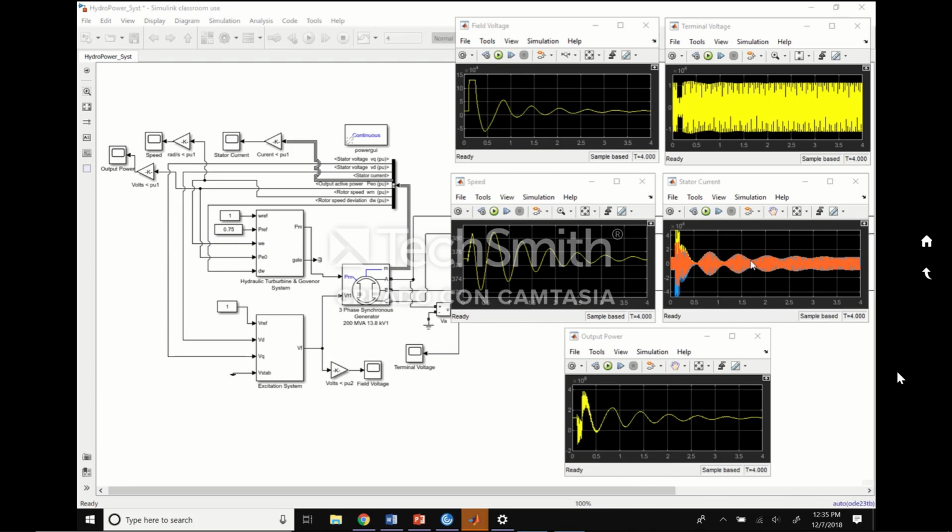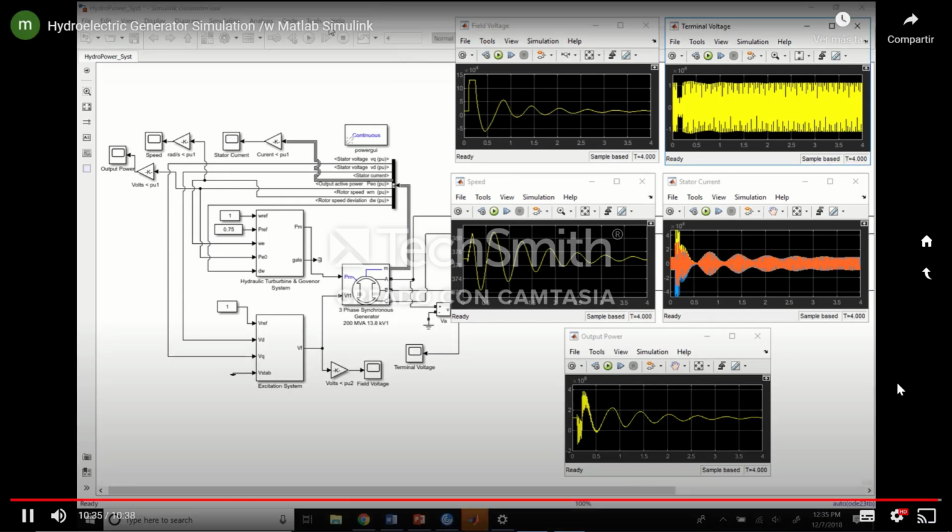We can see the AC current reach 10,000 amps. The terminal voltage, we can see the AC voltage reach 10,000 volts, and the field voltage we can see reach steady state at 10,000 volts. I meant to say volts for the terminal voltage as well. But anyways, that concludes our simulation. Thank you very much.